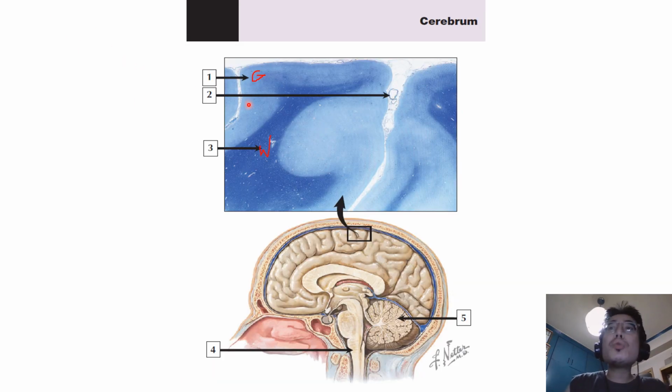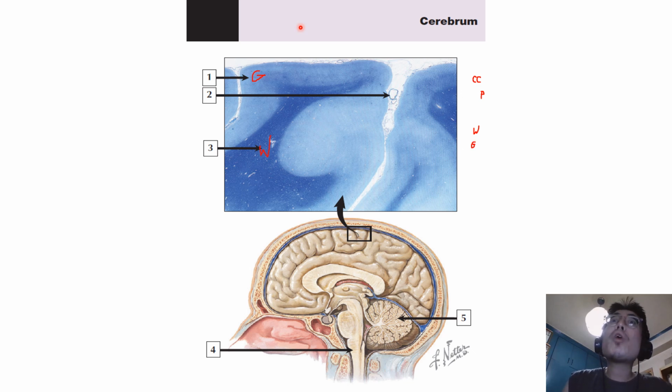Next, we go into the cerebrum. The cerebrum consists of two hemispheres with an outer cortex of gray matter, labeled here as number 1, and a central and deeper region of white matter, labeled here as number 3.